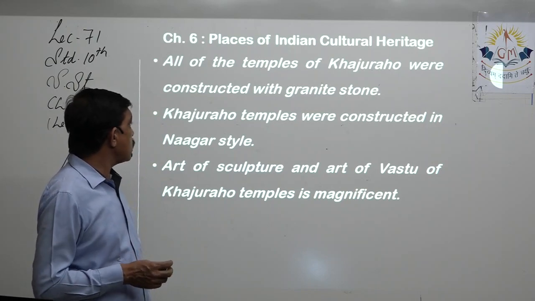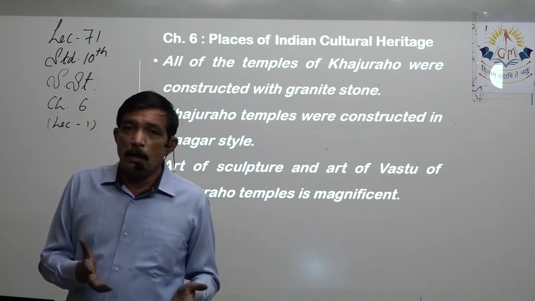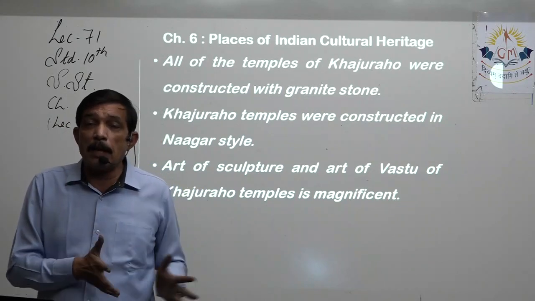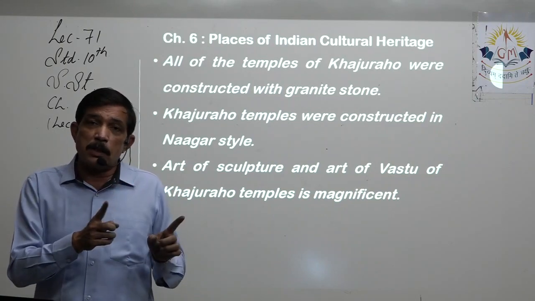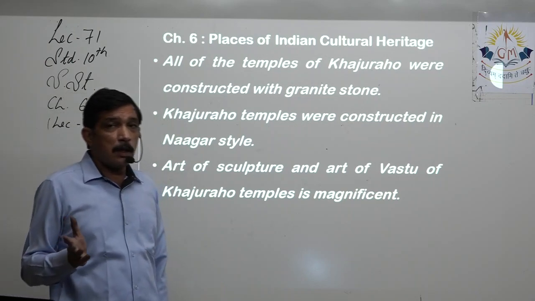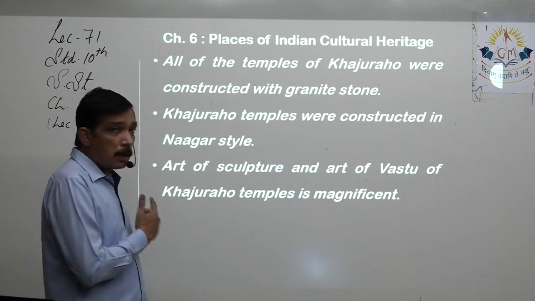Khajuraho temples were constructed in the Nagar style. Nagar style is yet another style of temple construction, the design and construction, the way sculpting work is done, all of that belongs to the Nagar style. So we have the South Indian or Dravidian style, then we have the Nagar style.